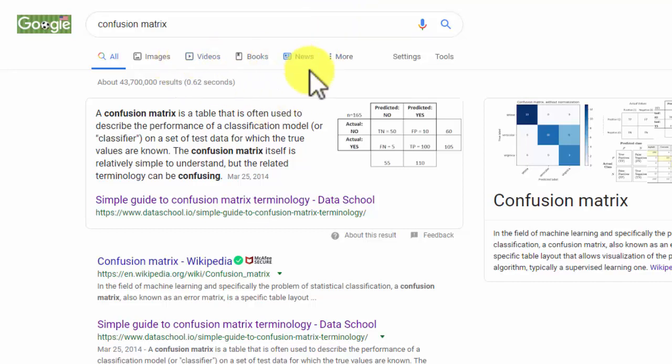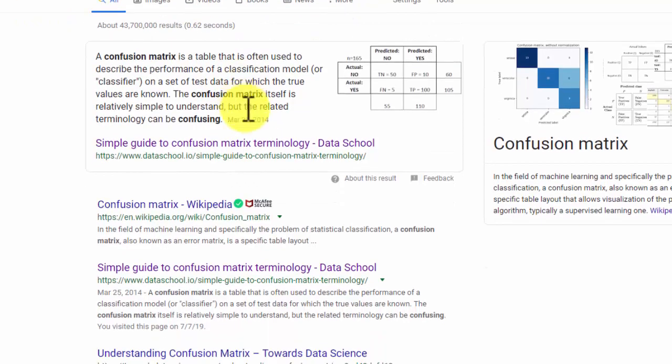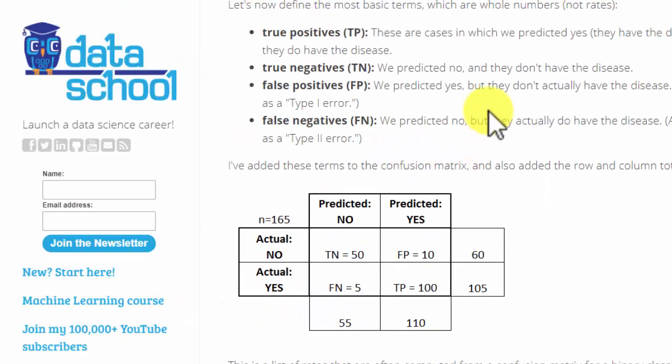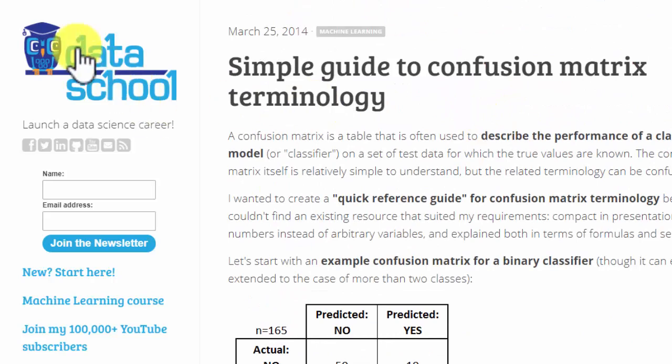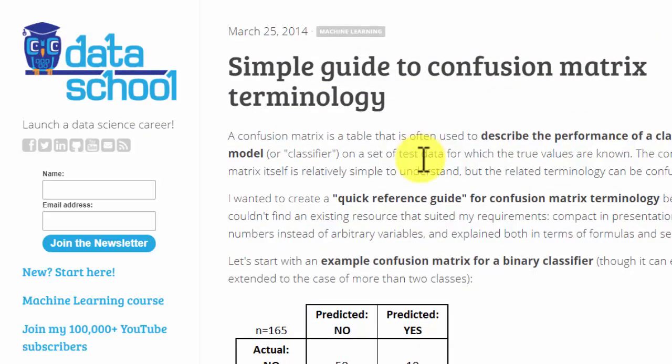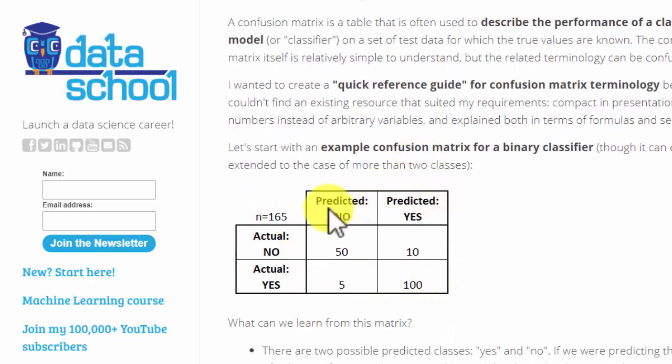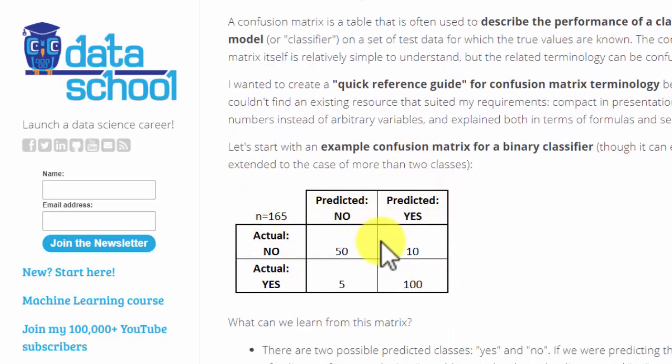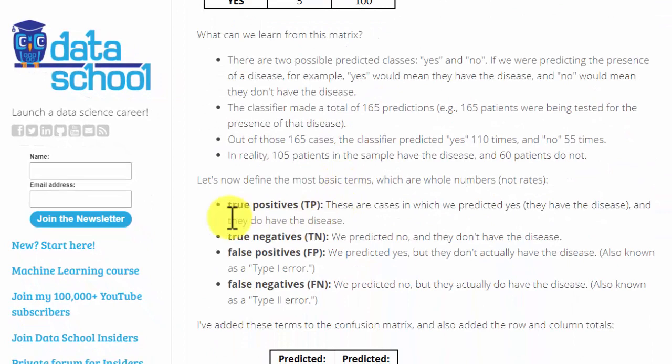And if you type it into the web search, you'll find some articles, and this one I think is a pretty good one. One of the first top results is from this site called Data School, and even though it's dated from 2014, they have a general chart and how each of these can make sense.